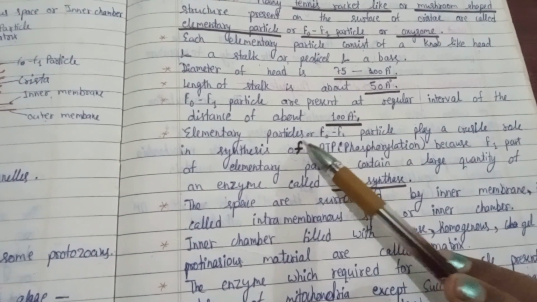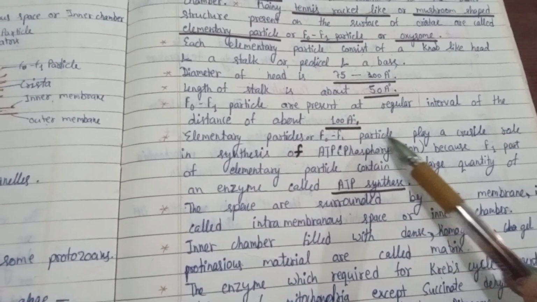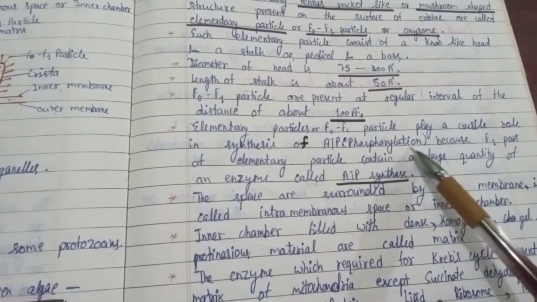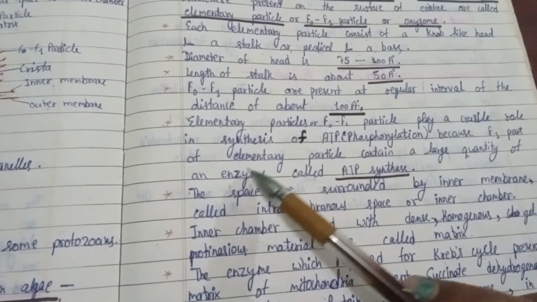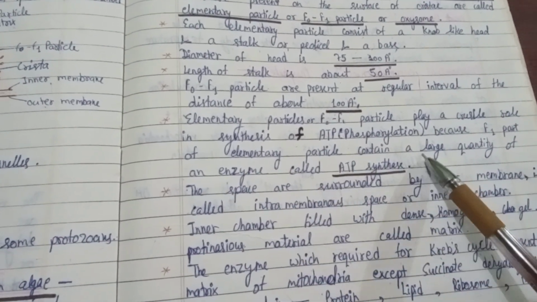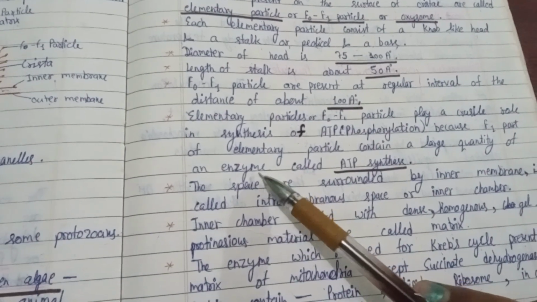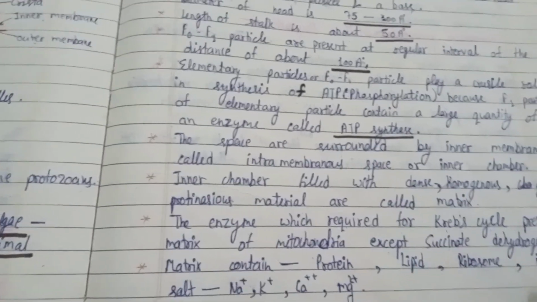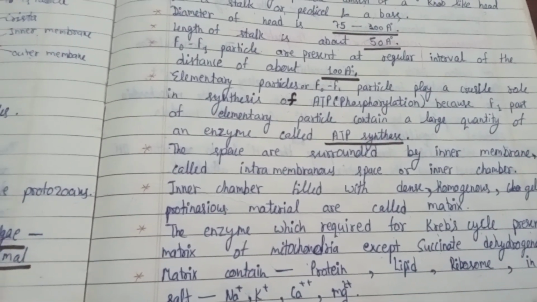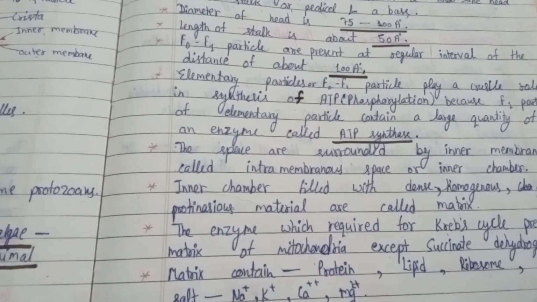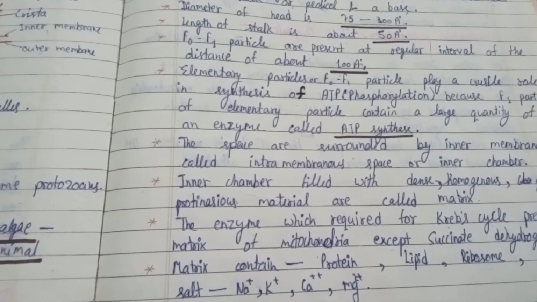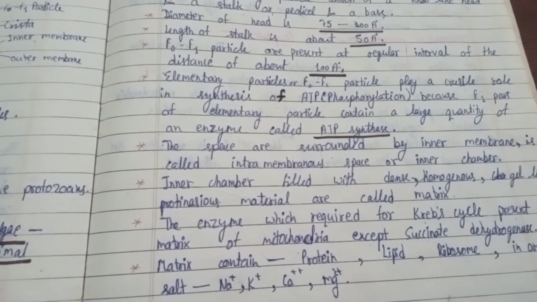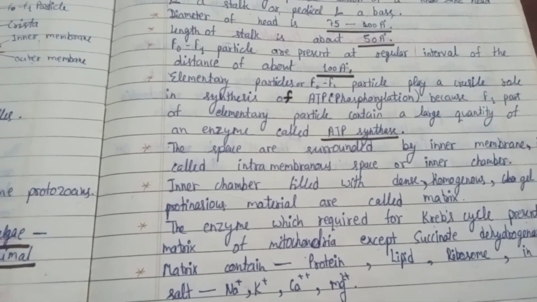Elementary particles play a crucial role in the synthesis of ATP, because the F1 part contains a large quantity of the enzyme ATP synthase, which helps in the synthesis of ATP. That's why F0, F1 particles play an important role in the synthesis of ATP, which acts as energy.